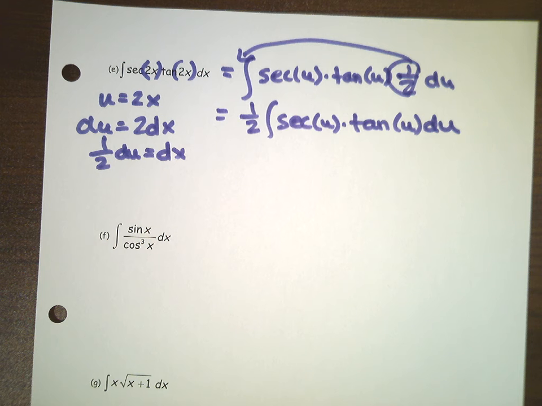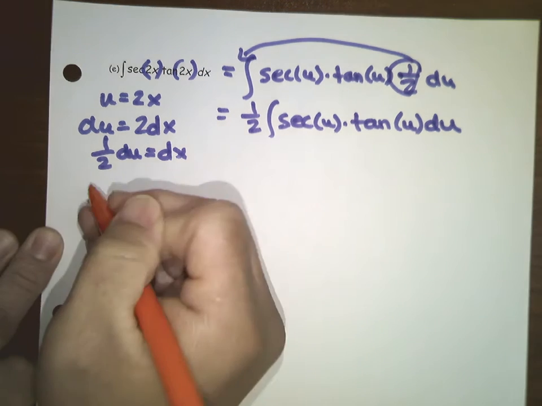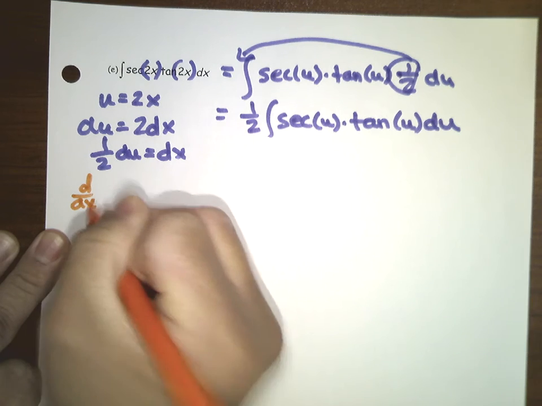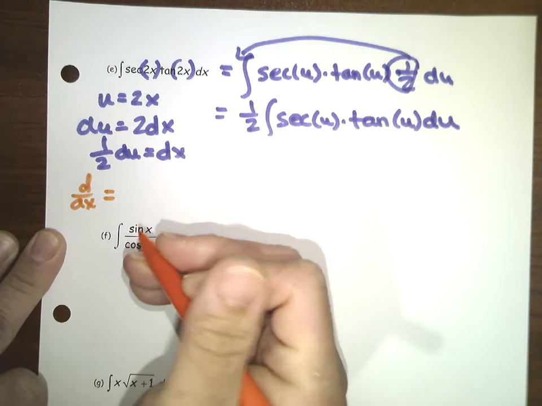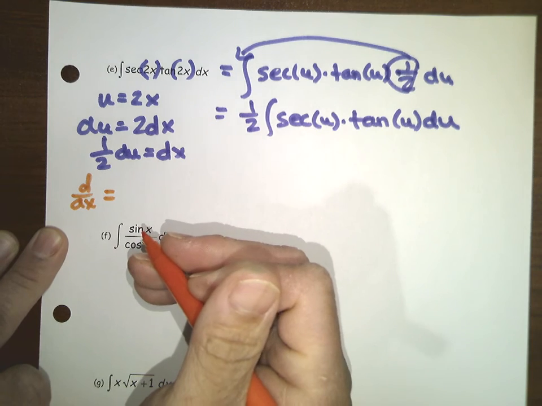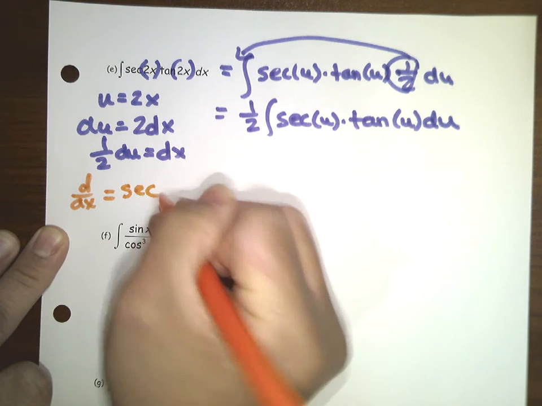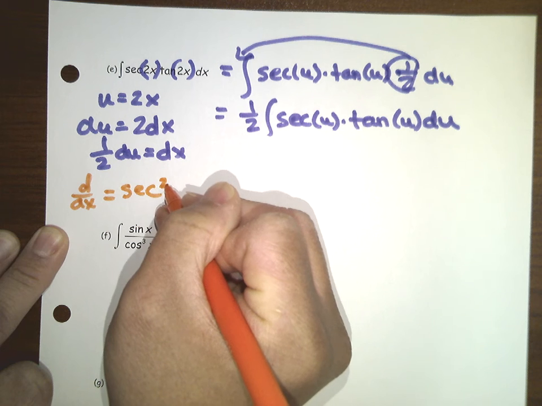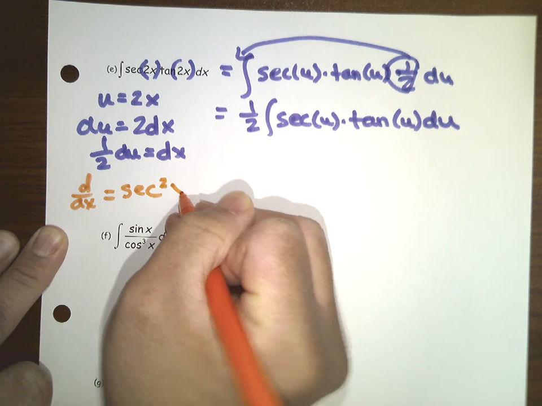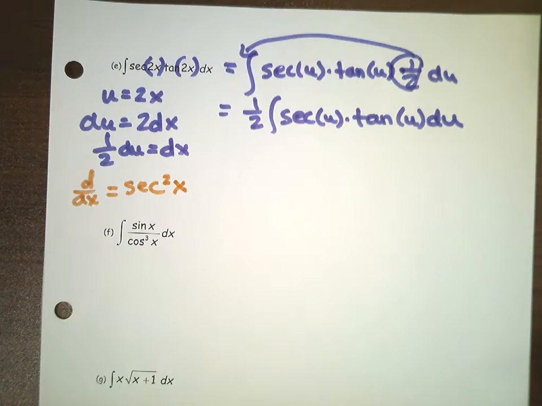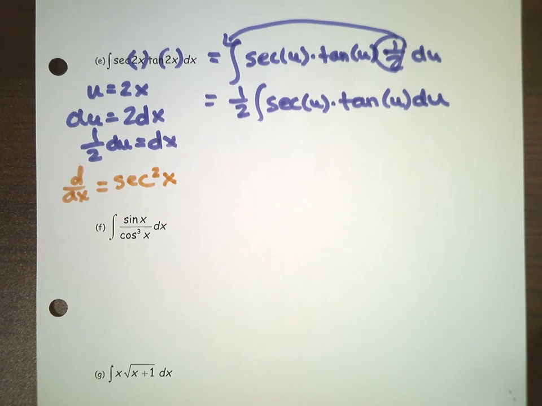All right, so if we found the derivative with respect to x of the secant squared, or actually, which one do I actually want to tell you about first?